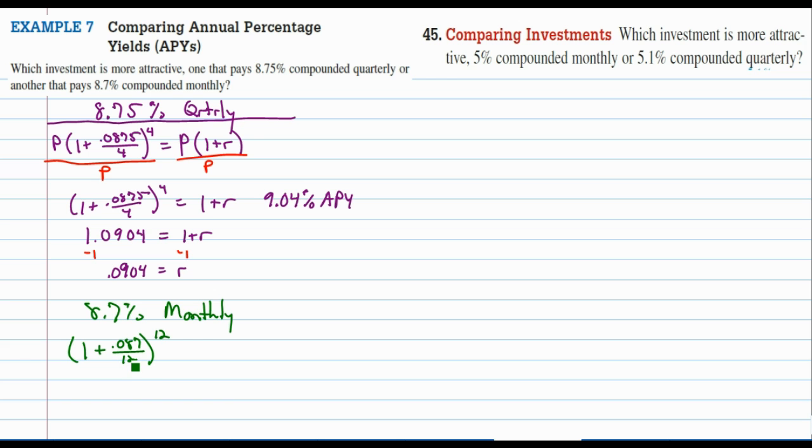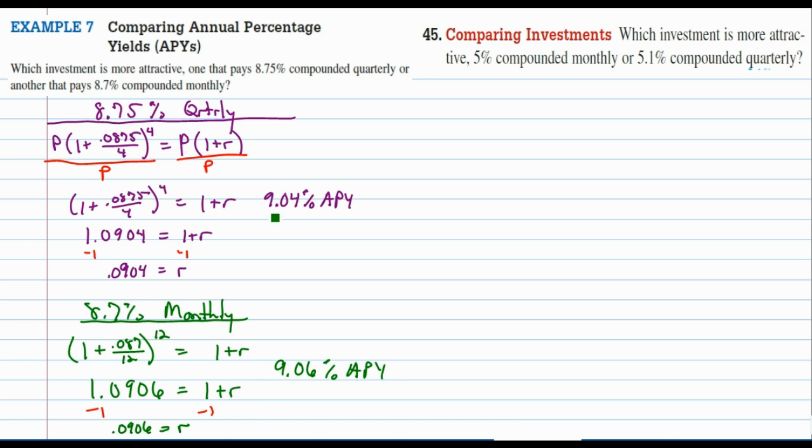So we have 8.7% invested monthly. I'm trying to find out what annual interest rate that is. So I found out that the investment that is 8.7% interest compounded monthly produces an APY of 9.06%.